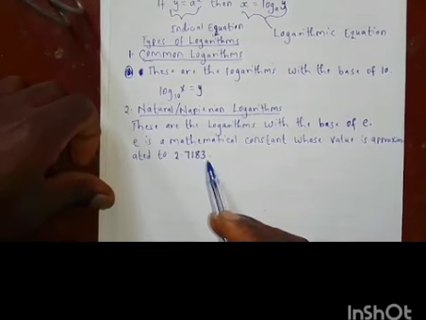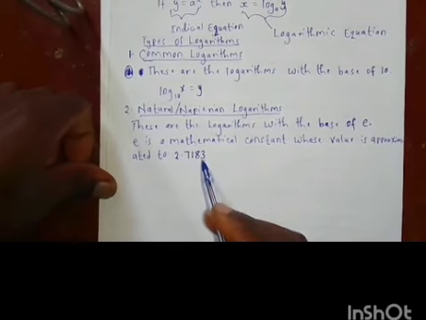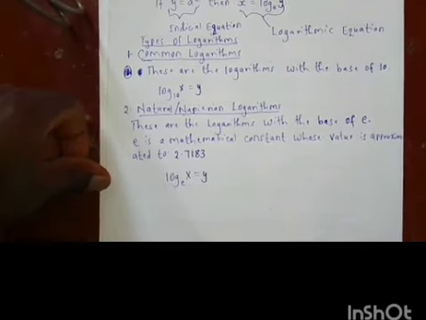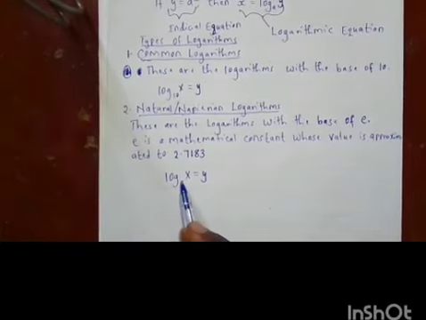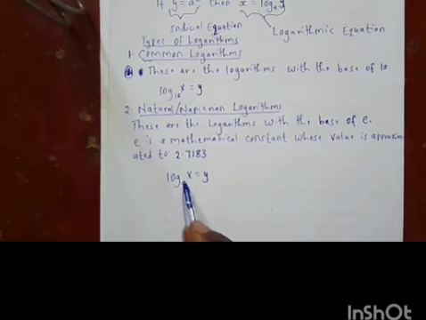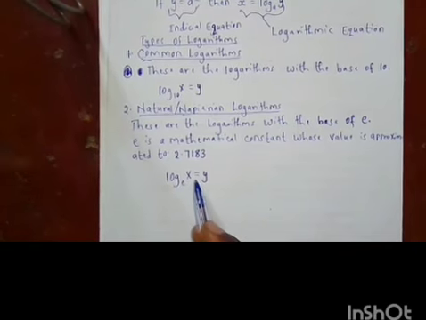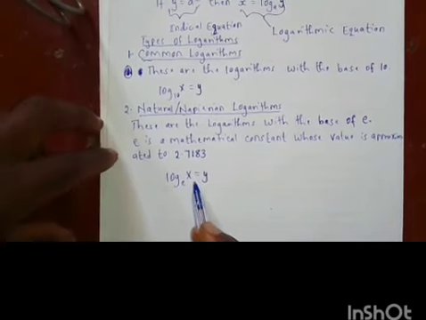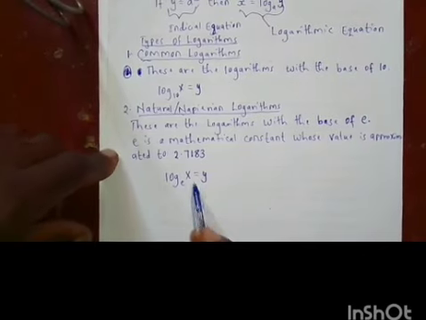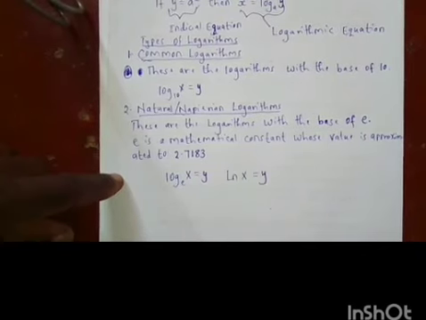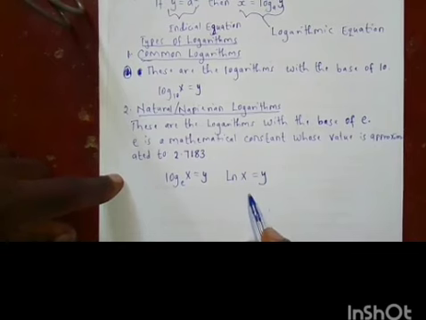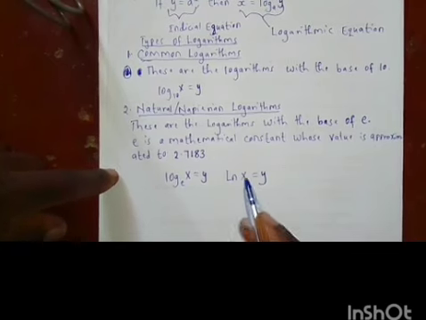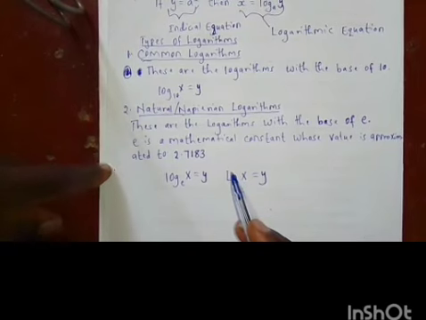So they are expressed in the form of log of x to the base of e equals y. Most of the time, they are written as ln x equals y. Yes, so those are the types of logarithms we have.